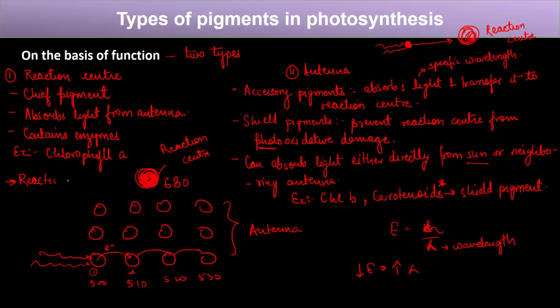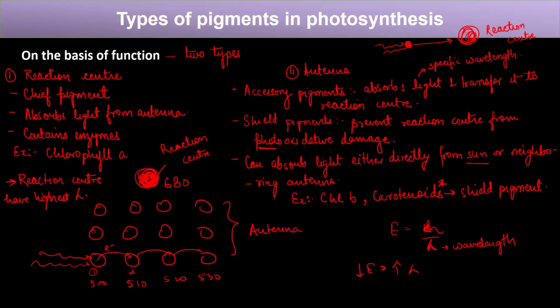So we can write that the reaction center has the highest wavelength. This is about the pigments, that is reaction center and antenna, based on their functions.